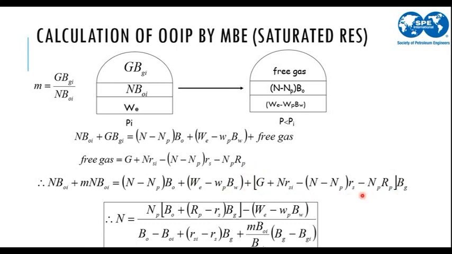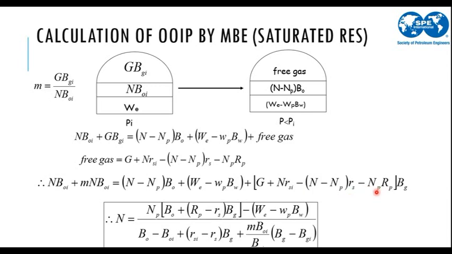And as we said, G is the initial gas in place again, N Rsi is the initial gas in solution, minus (N minus Np) Rs is the gas in solution that remains at the reservoir condition.